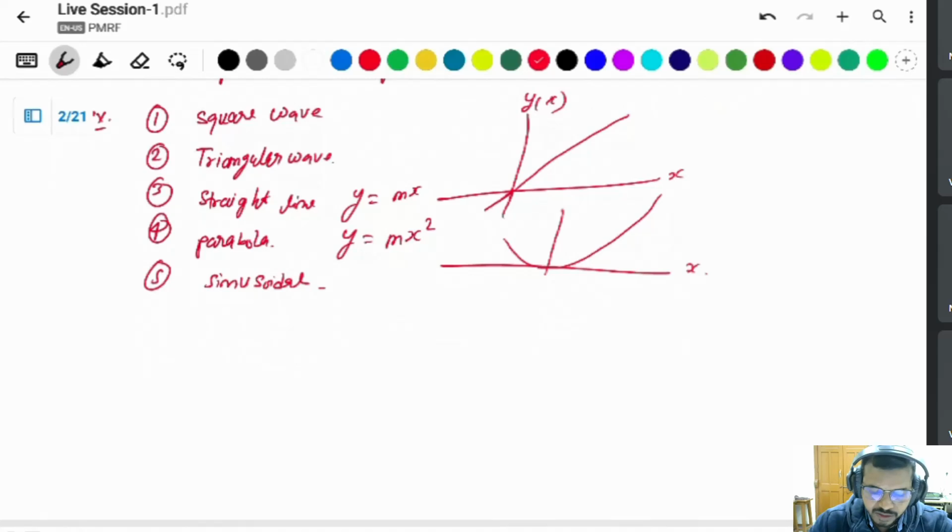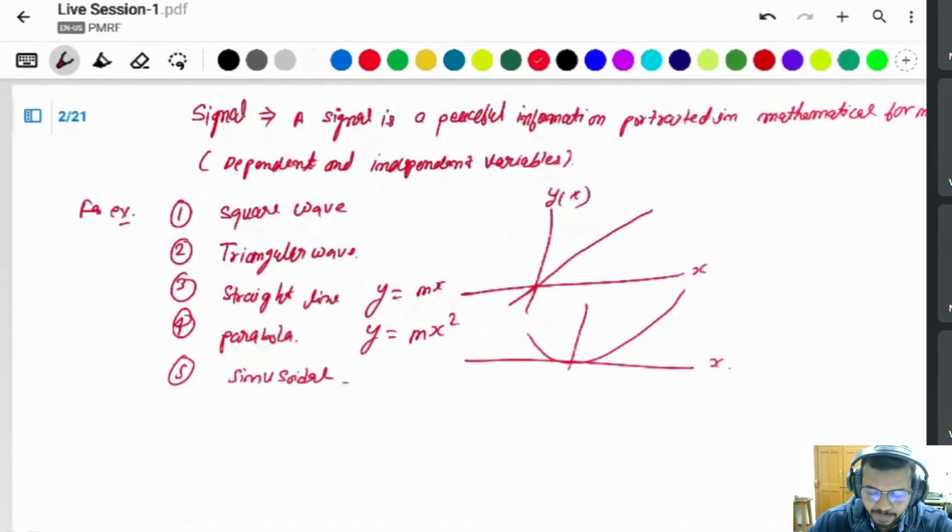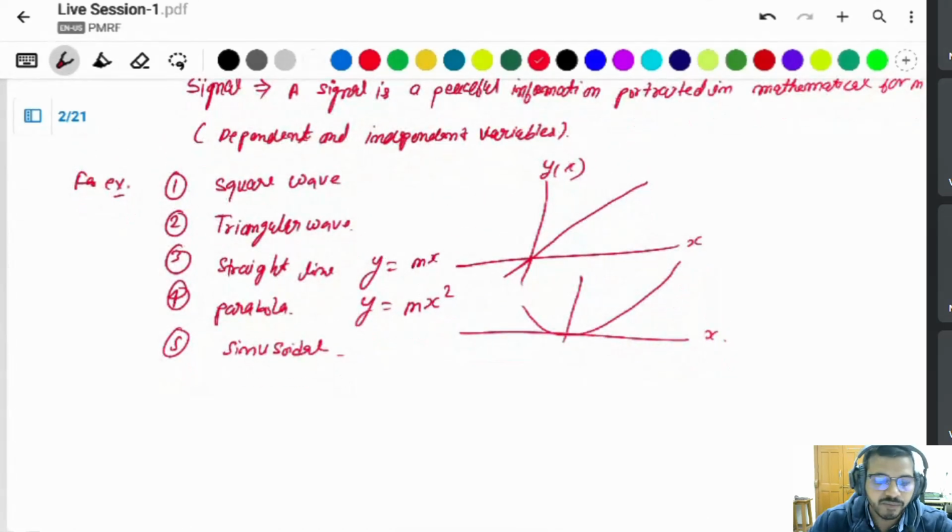But some signals you cannot express in mathematical form, like tossing of a coin. It may be head, may be tail, or throwing of dice. You can't predict which one will come, and like a disturbance, noise, which you can't predict or express in mathematical terms. That's known as a random signal.